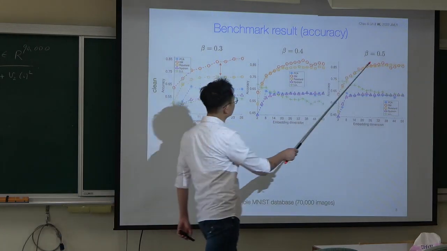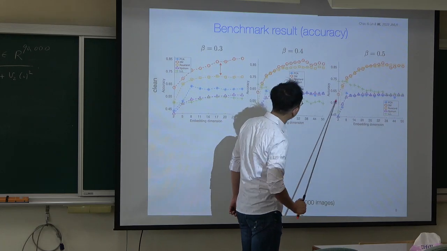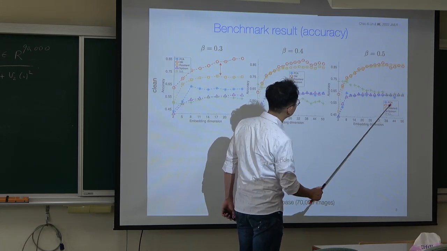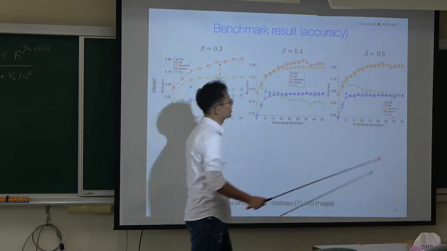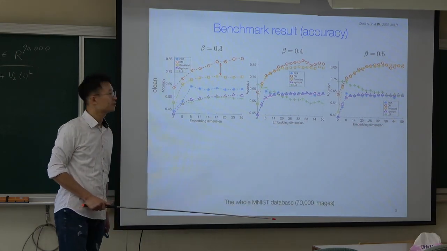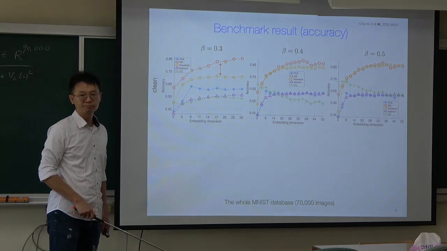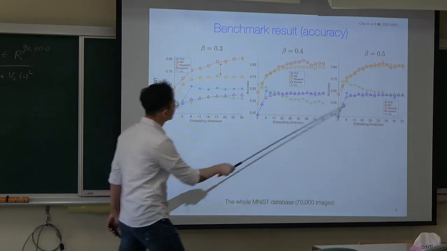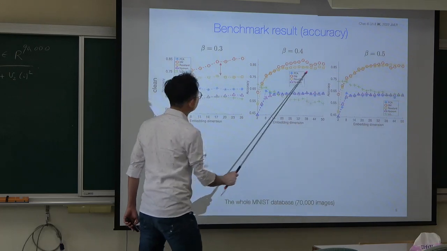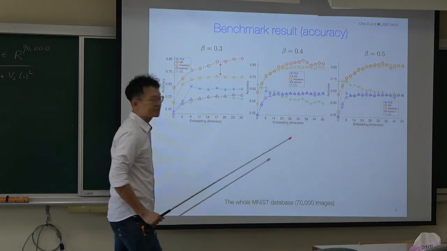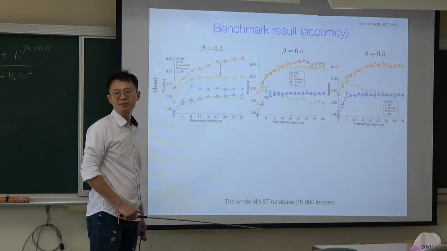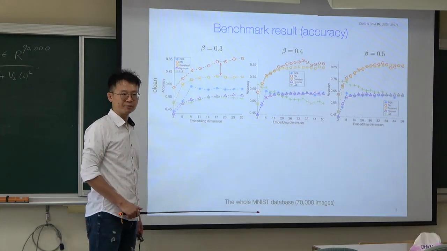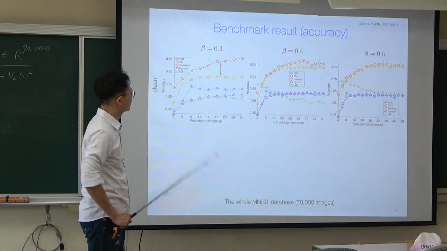And if we go up to 0.5, then you can see that diffusion map and Roseland, their performance are almost equivalent. There's no difference. Okay, so this tells us that, well, using Roseland, you can achieve almost similar performance compared with the original diffusion map when data is clean.